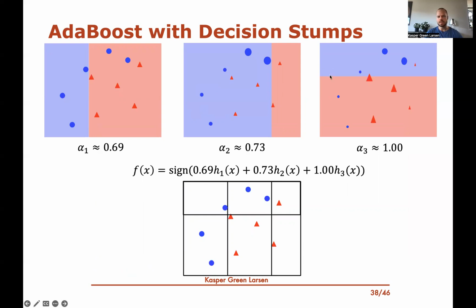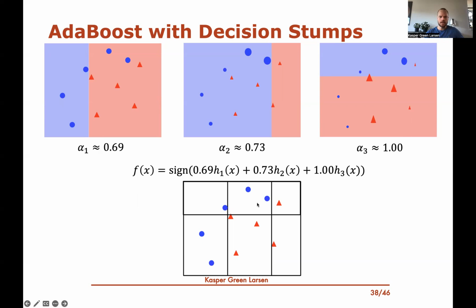And lastly, we computed this decision stump with a weight of 1. So the final classifier now, the one that AdaBoost returns, is the one that takes the sign of 0.69 times the prediction of the first hypothesis plus 0.73 times the prediction of the second hypothesis plus 1 times the prediction of the last hypothesis.